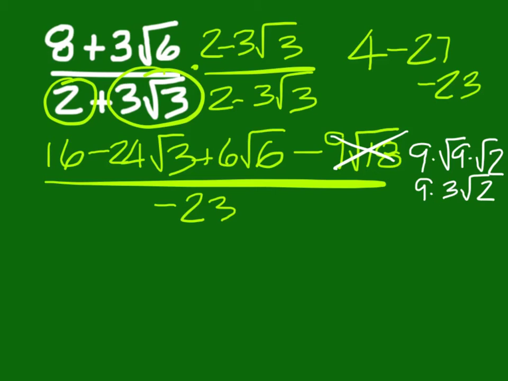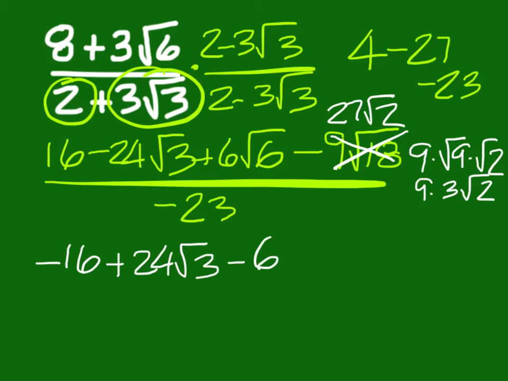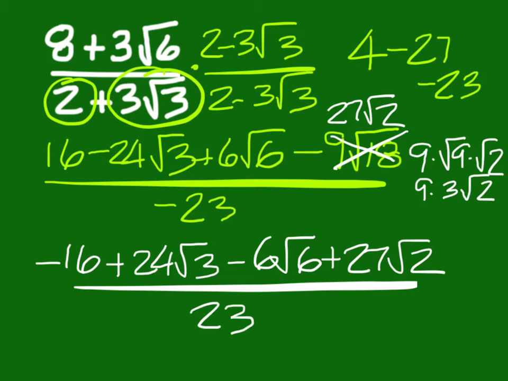So you'll have 27 square root of 2 in its place. The other thing that can be changed is the negative sign on the bottom. Just change the sign of everything. Negative 16 plus 24 square root of 3 minus 6 square root of 6 plus 27 square root of 2 over a positive 23.